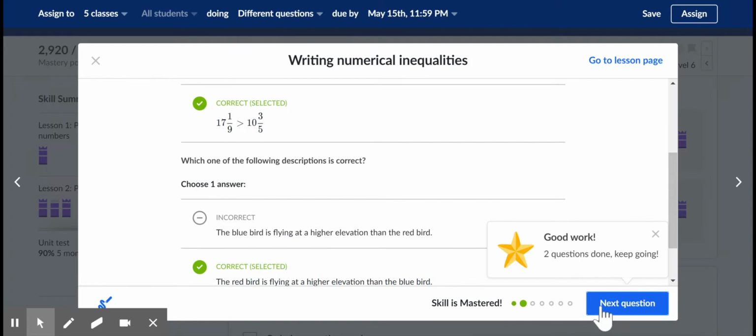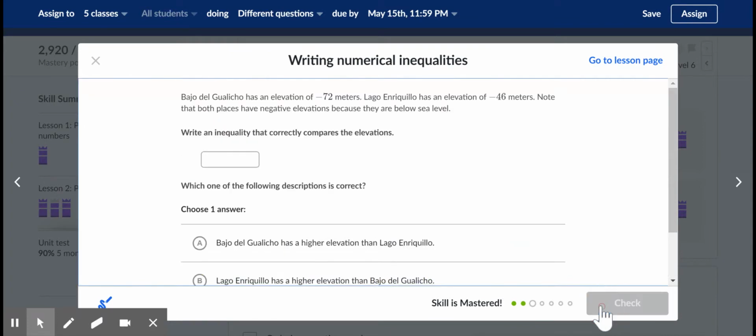And we'll just do one more. So Bajo del, you can pronounce it however you want, has an elevation of negative 72 meters. And then Lago whatever has an elevation of negative 46 meters. So they're both below sea level.